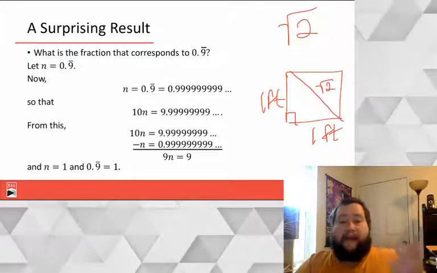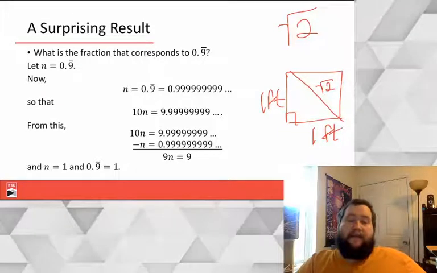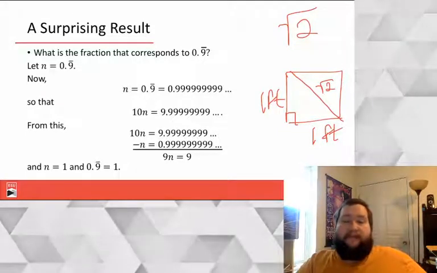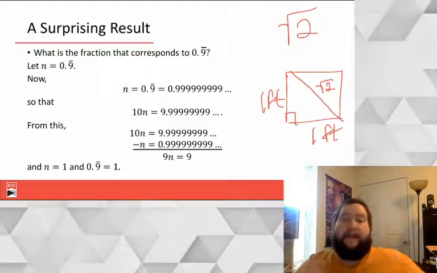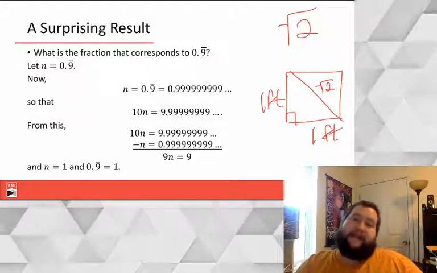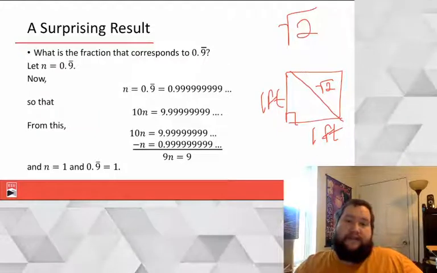And there is no a and b such that the square root of 2 is a fraction, like 500 over 702.